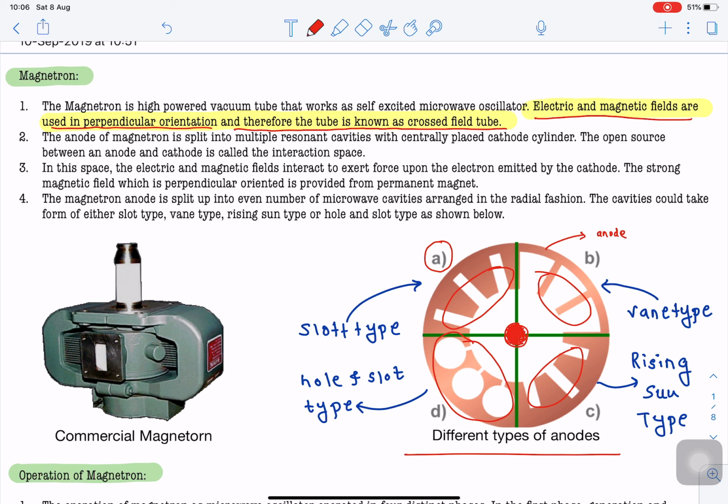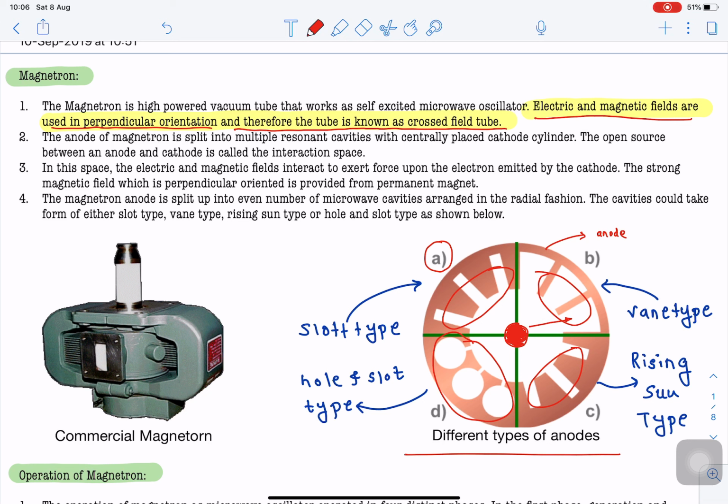When this cathode is heated up with a DC electric field, the electrons will get emitted from it. As the anode is connected to the positive potential, these electrons will tend to approach towards the anode, right?